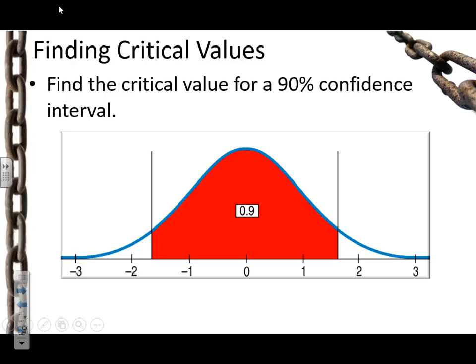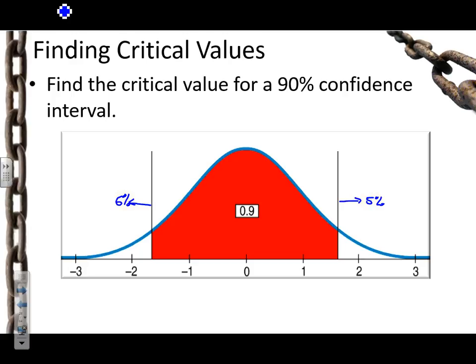So if I want the middle 90%, what I need to figure out first is what area I need to put into my calculator so it knows what I'm looking for. So when we look at this, I have middle 90%. What does that mean from the outside in the tails? 10% total, right? So there'd be 5% in each direction, so 5% this way and 5% this way, right?